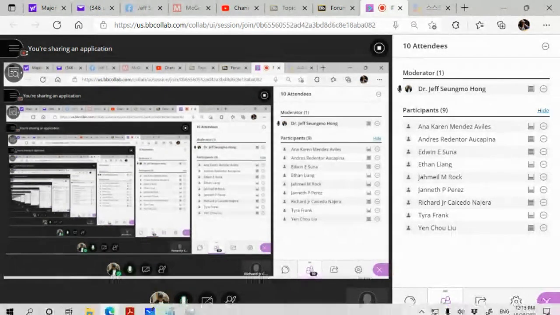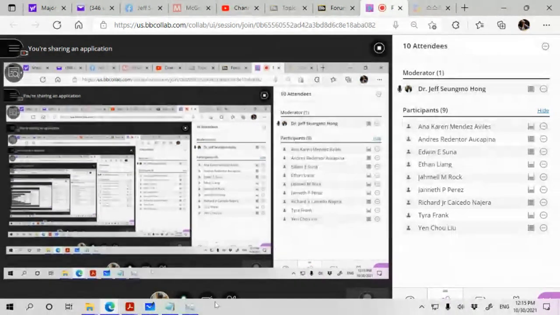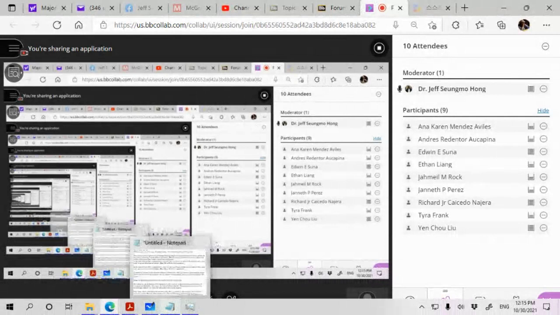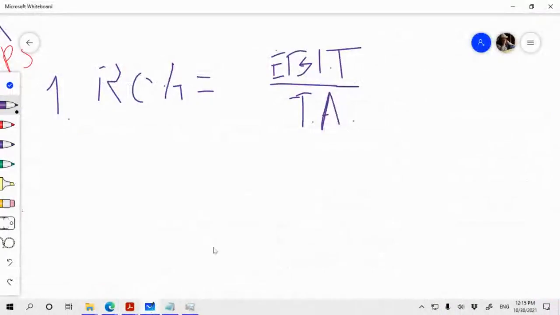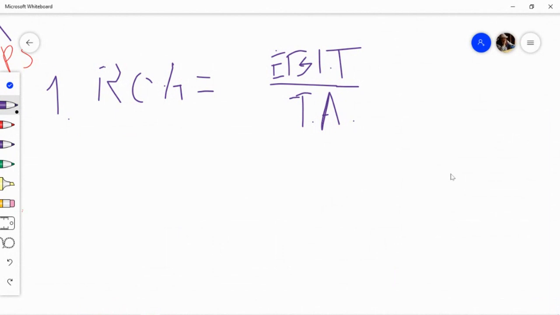So the new theory is basically saying that the goal of the firm is not only to maximize the shareholder wealth, but also to maximize the stakeholder wealth. That's the new theory.